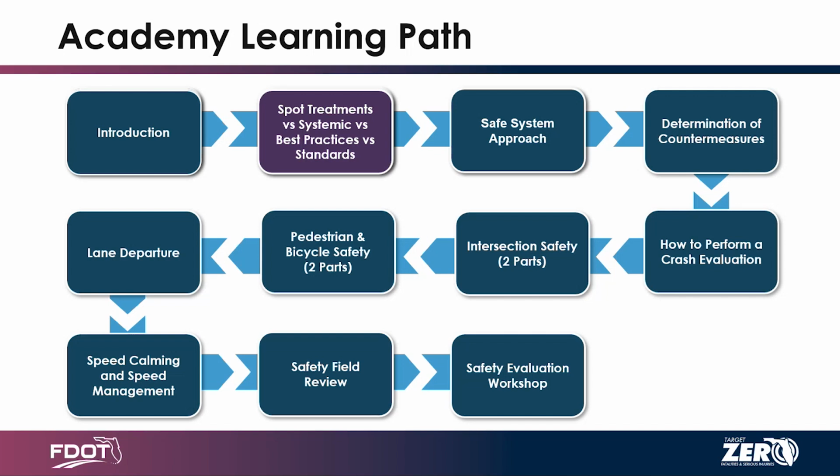Not just saying, hey, it tells me to, so I'm going to do it, but putting ourselves in the user's seat when they're driving, or shoes if they're walking, and making those decisions, looking at the crash data. And then it's going to be largely countermeasure based: intersection safety, bike ped safety, lane departure, and speed calming.